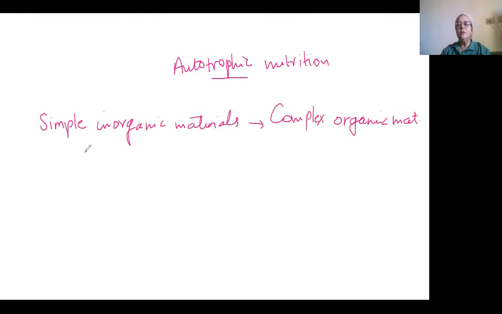So what are the simple inorganic materials? Where does the organism get them from? It gets them from nature. So the simple inorganic materials have to be changed into complex organic materials inside the bodies of these organisms, because the complex organic materials store a high amount of energy.